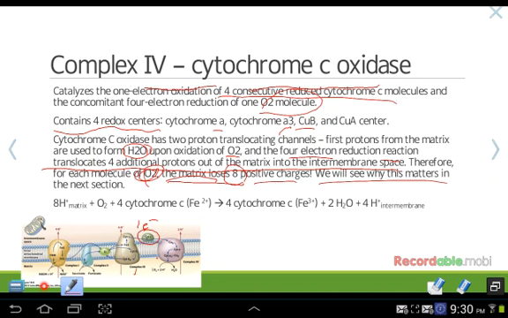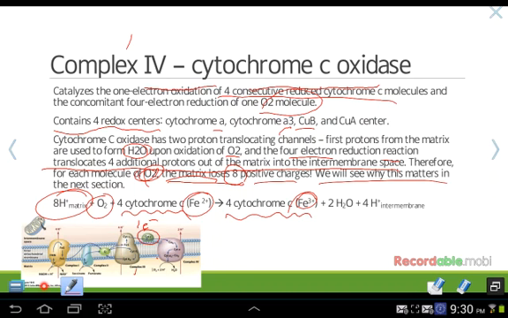So if we look at our overall reaction for complex 4, we have 8 protons from the matrix and 4 reduced cytochrome c molecules, where our iron is reduced from 3+ to 2+, so 4 electrons total. This gives us back 4 oxidized cytochrome c, where our iron is now 3+ because we've lost an electron on that iron center.